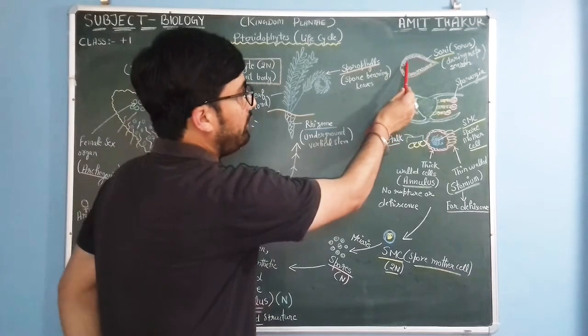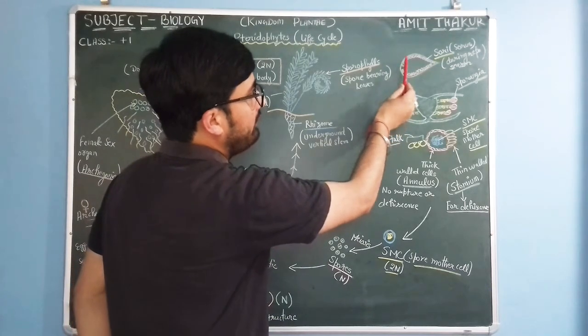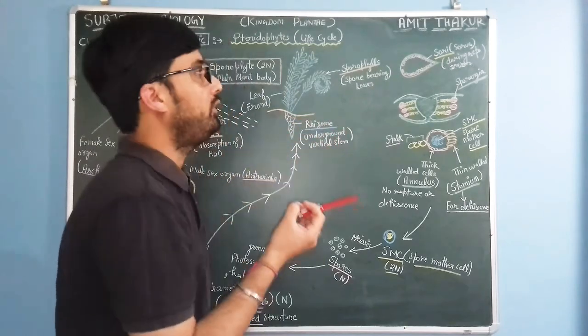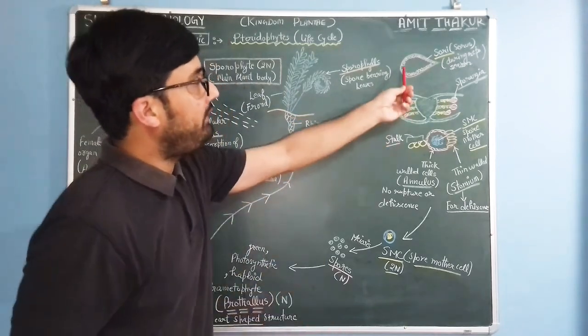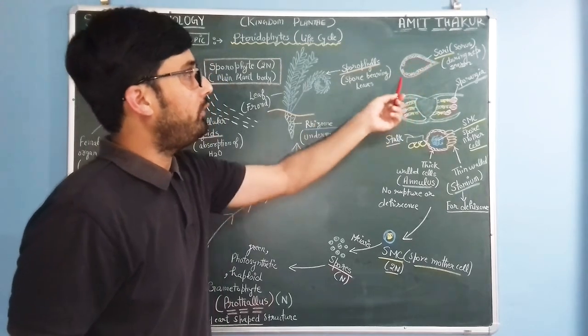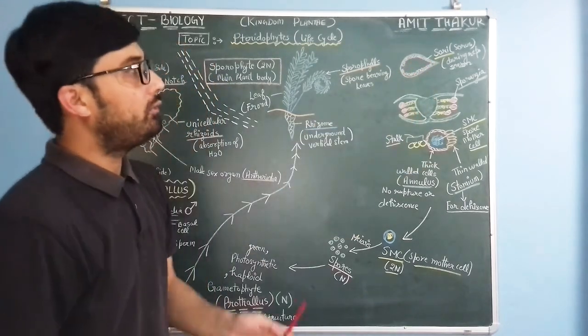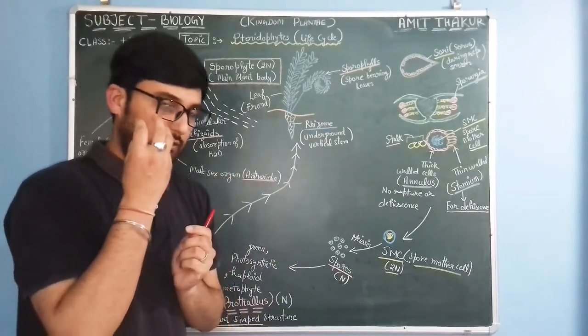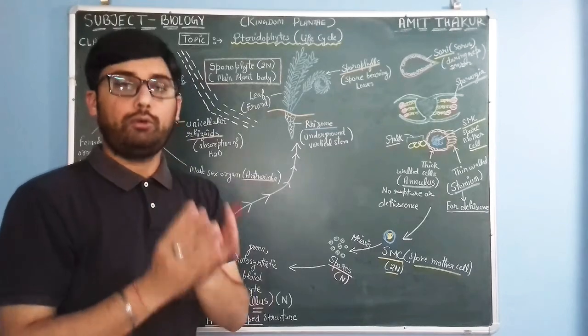In each sorus, spores are produced or developed. So they are present at the margin of these sporophylous leaves.